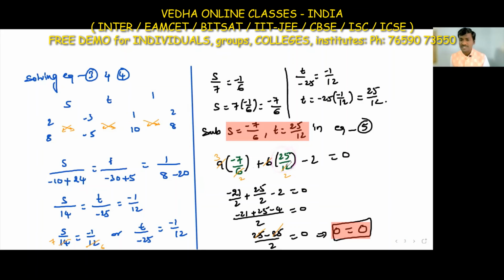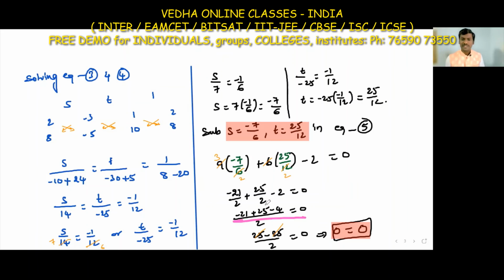So 9s plus 6t minus 2 is equal to 0. I have written equal to 0 also, and we will check whether the value is equal to 0 or not. Here we can cancel by 3: 3 twos are 6, 3 threes are 9, 3 sevens are 21, so minus 21 is written here divided by 2, and 25 by 2 as it is, minus 2 is equal to 0.